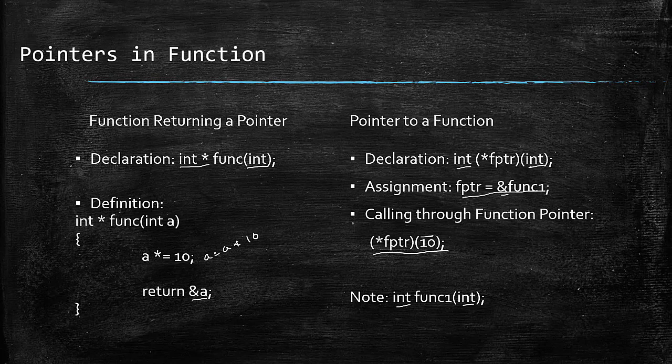Now, here is a simple way to identify the difference between the function pointer and the function returning pointer. Here you can see that I have used a parenthesis when mentioning that it is a pointer to a function. So by seeing the parenthesis, you can identify whether it is a pointer to a function or a function returning a pointer. Here you can see that there is no parenthesis. The reason is that the pointer has lower precedence than the function.